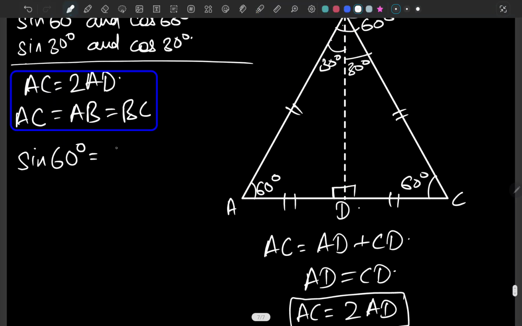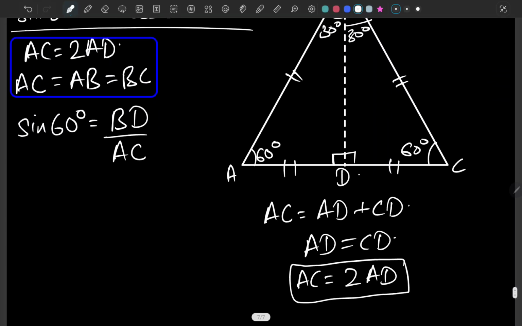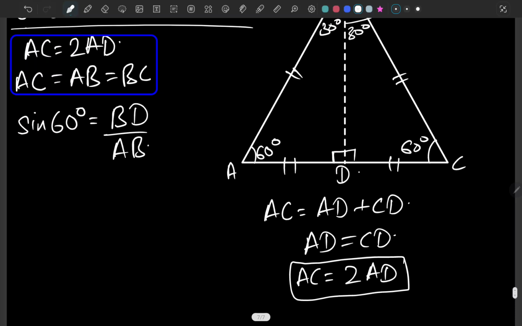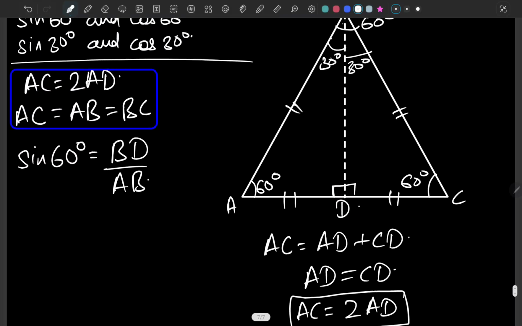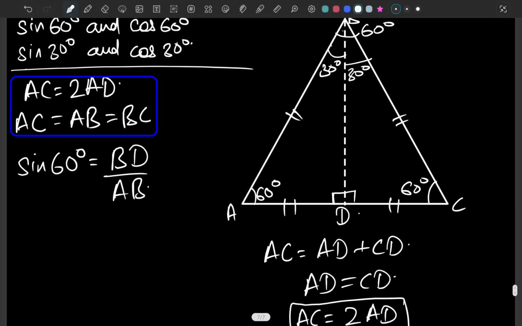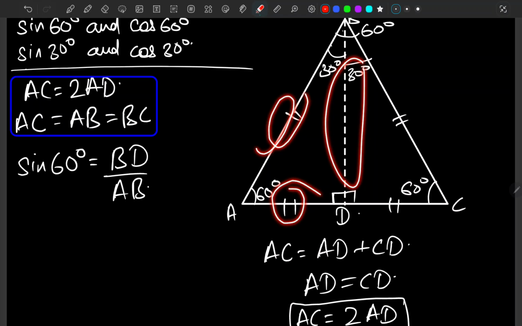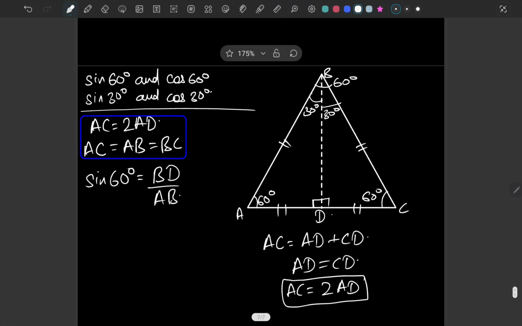So it's BD over AC, I'm sorry, AB it is. So it's AB, right? Let's take a look at the relation between this side and this side, and then we will proceed further.